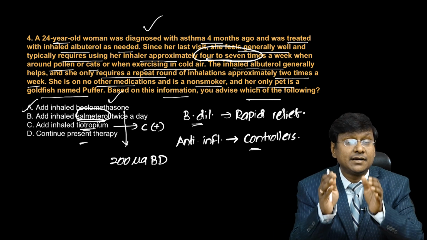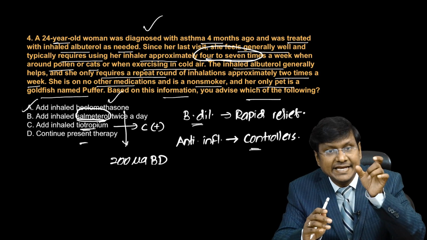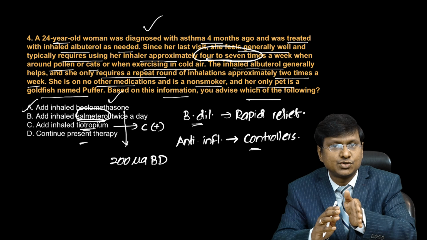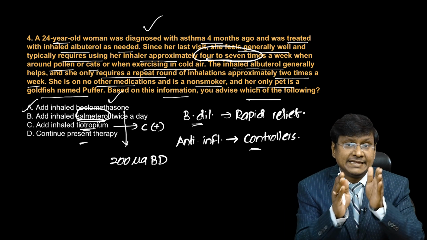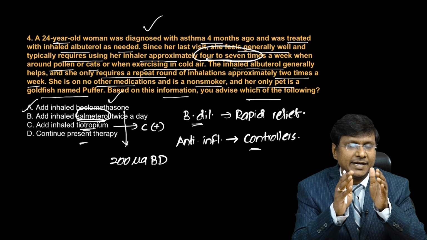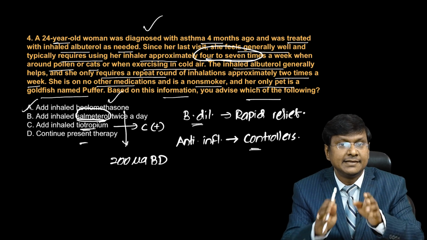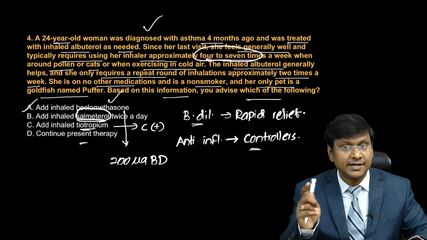These muscarinic receptor antagonists will also inhibit the mucus secretion. So we have two drugs, ipratropium bromide and thiotropium bromide. They can prevent cholinergic nerve induced bronchoconstriction and mucus secretion as well.